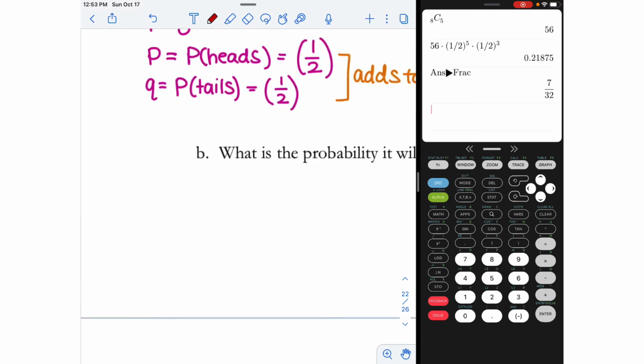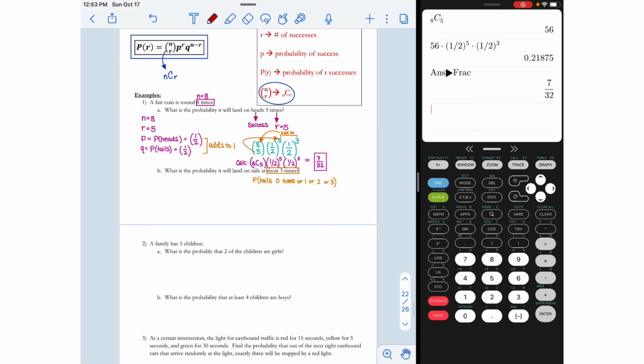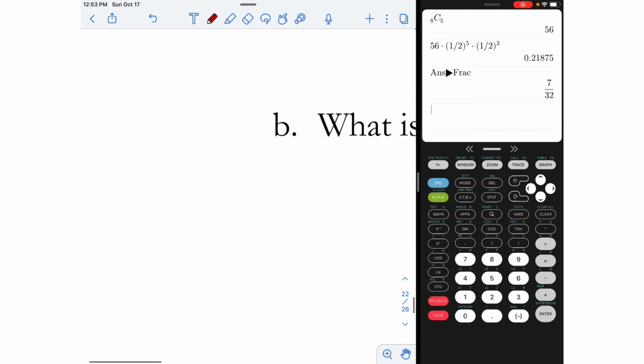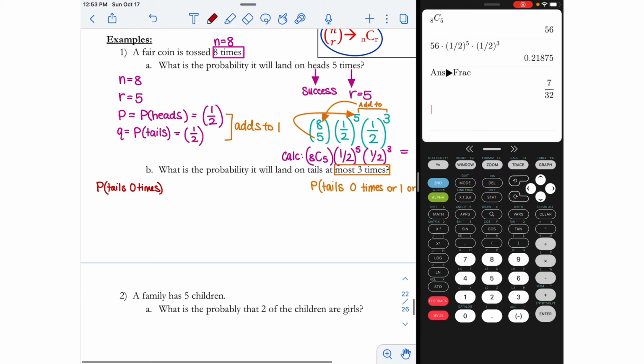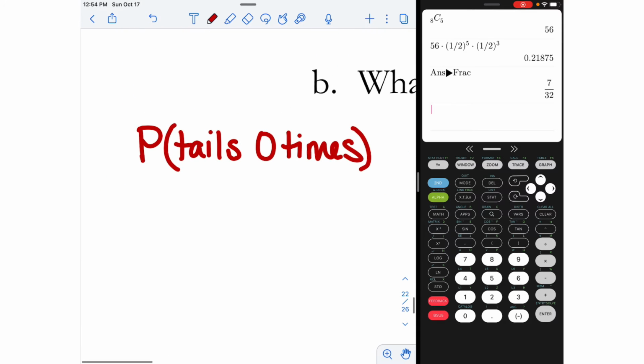So this time the success is going to be tails, because I want the probability that it will land on tails at most 3 times. So the probability that it lands on tails 0 times is this. Again, we're flipping a coin 8 times. Let me write everything down again. So the N is still 8.